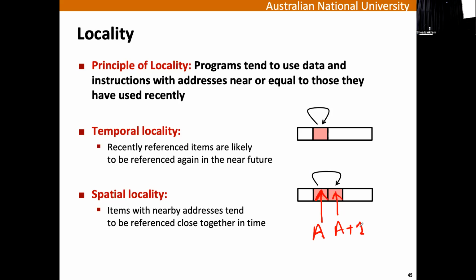When you access something placed here, you access something placed next to it. So spatial locality is items with nearby addresses referenced close together in time, and temporal locality is recently referenced items referenced again in the near future. So temporal locality in time and spatial locality in space.